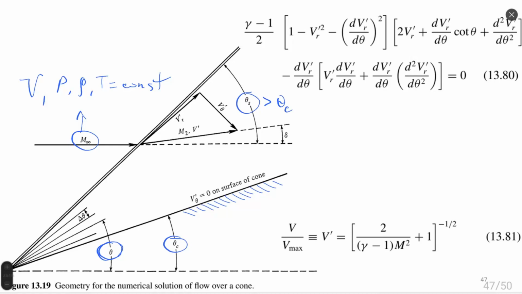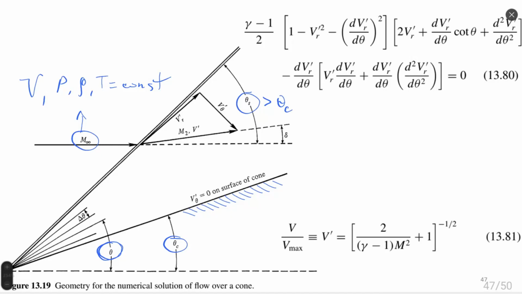So this is the second boundary condition we have. Since equation 80 is a second order equation, we must have these two boundary conditions: one after the shock wave, and second on the surface of a conical body.